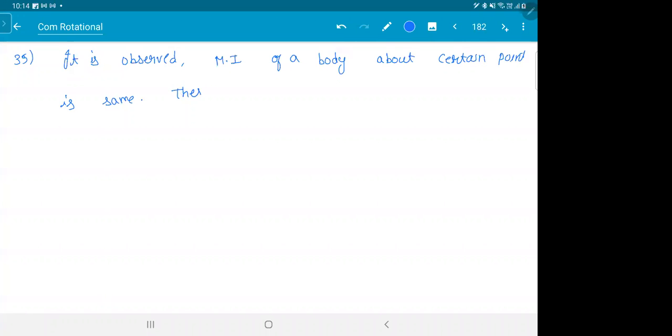Then the question is, these points lie on what? The options will be like this: straight line, parabola, circle, ellipse.